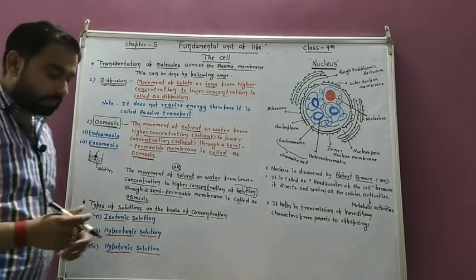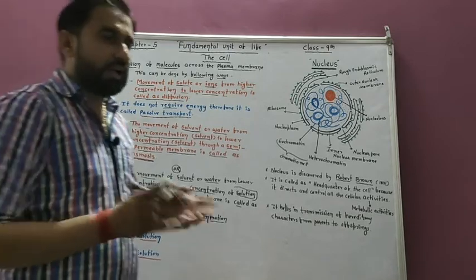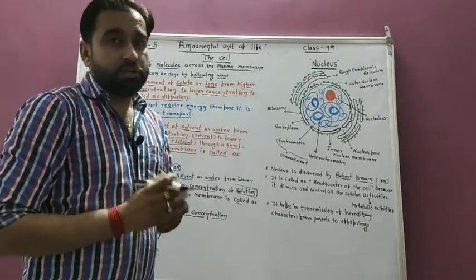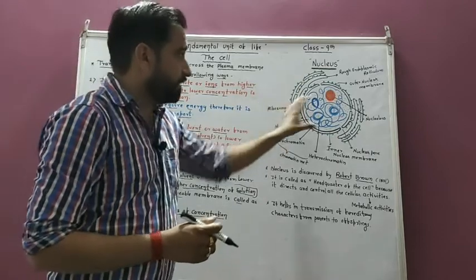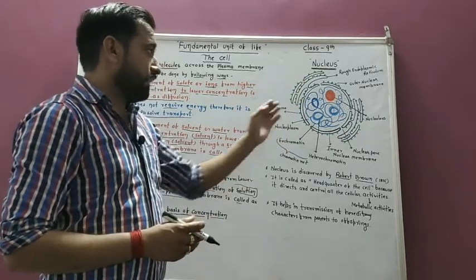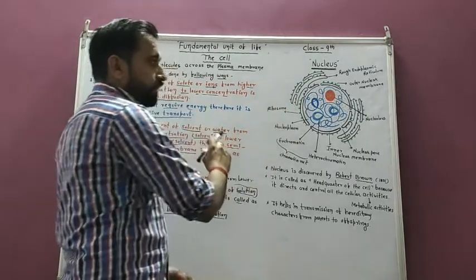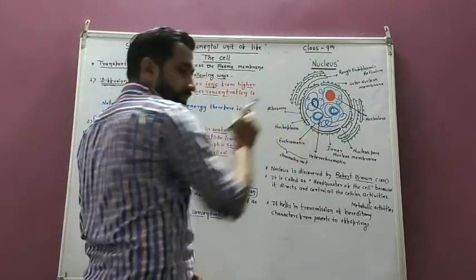Now we discuss the nucleus. The largest cell organelle present in the cell is known as the nucleus. This is the diagrammatic representation of the nucleus. First of all, we observe the structure of the nucleus. Nucleus is a round shaped structure.